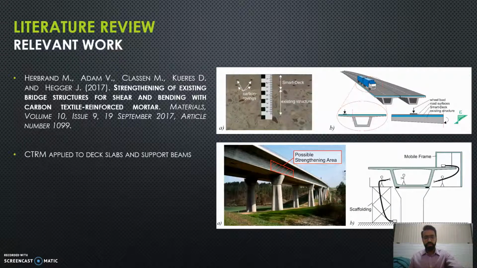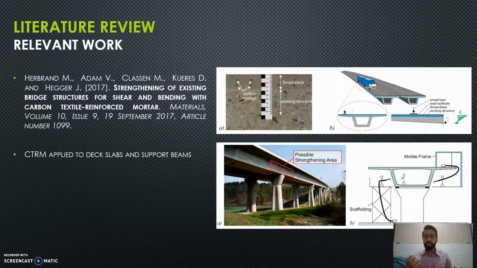Now, this was very interesting because unlike the FRP rods or the textile sheets, the textile reinforced mortar can be incorporated directly with the concrete structure itself, because the matrix or the layer that adheres itself to the structure is made of mortar, and it is the same matrix as the reinforced concrete structure.